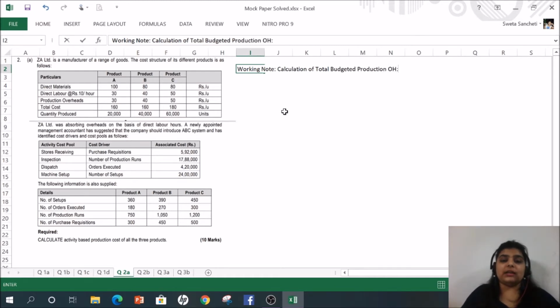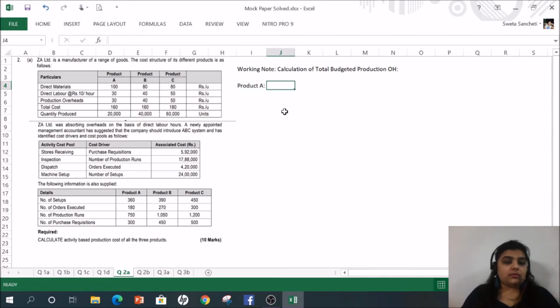Now we know there are 3 products, that is A, B, C. Product A. Now product A, total 20,000 units, and each unit we are absorbing 30 rupees. So the total absorption is 20,000 into 30, that is 6 lakhs.